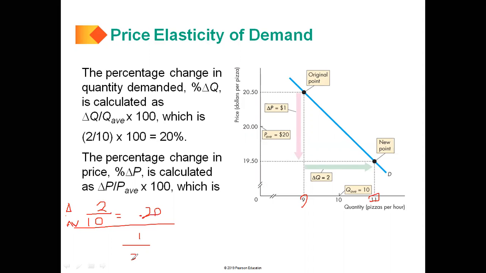And so, by the way, I'm going to point this out here. Theoretically, demand, because it slopes down from left to right, elasticity is always going to be negative. It's always going to be a negative number, but depending upon the economics textbook in the class, we are going to just use the absolute value.